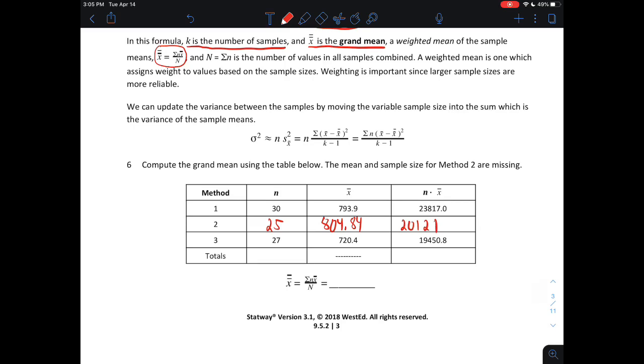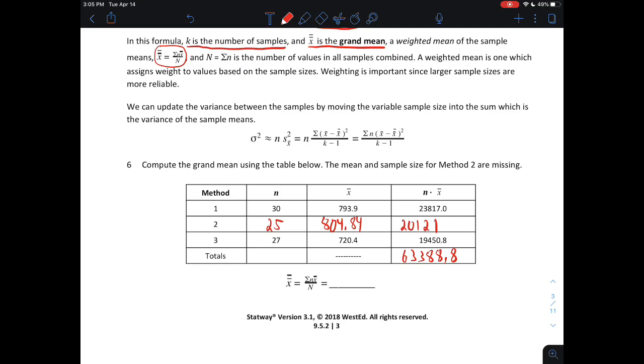And then we have at the bottom here a total, which means we have to add up the column numbers, so 23,817 plus 20,121 plus 19,450.8. And that gives us 63,388.8.